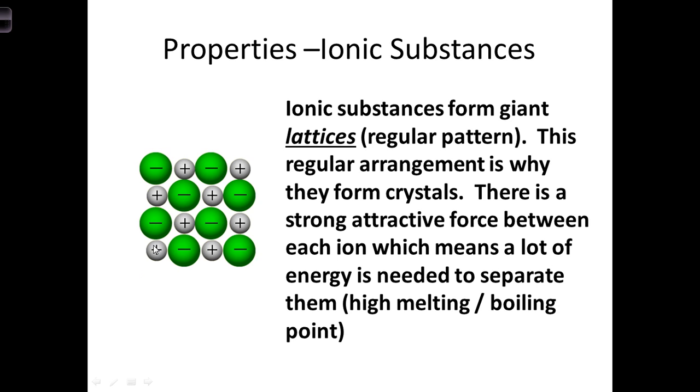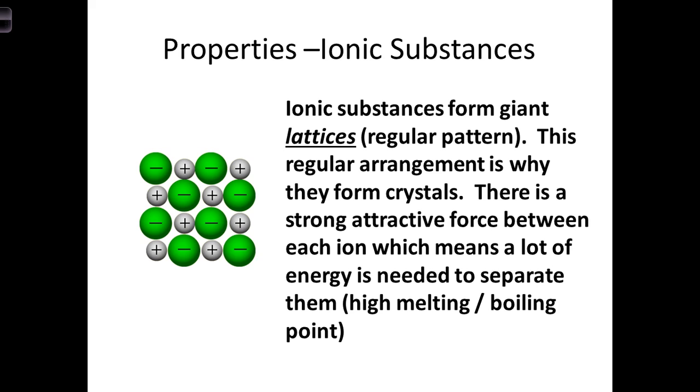Each sodium can be completely surrounded by the negative chlorines, and each chlorine, the green ones, can be completely surrounded by the sodiums. That's the most stable arrangement. Everyone's surrounded by members of the opposite charge. That means there's a very strong attractive force holding them together, and because they line up in such a regular arrangement, they form crystals.